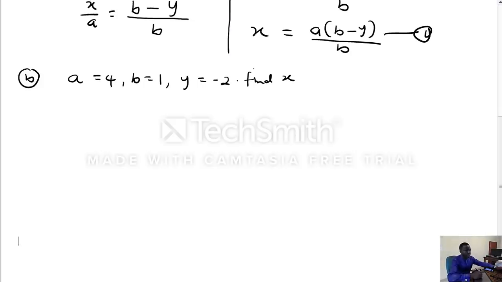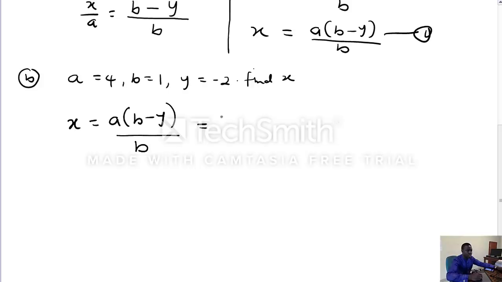Okay, we are asked to find x in question B, given a to be equal to 4, b is equal to 1, and y is equal to minus 2. I'll do the same by substituting 4, 1, and minus 2 for a, b, y in the given expression, which says x is equal to a into bracket b minus y divided by b.